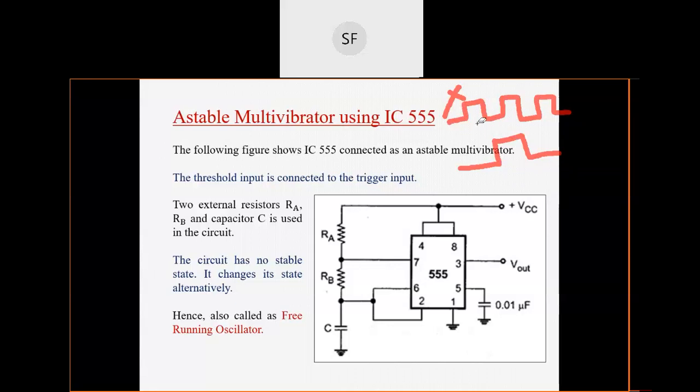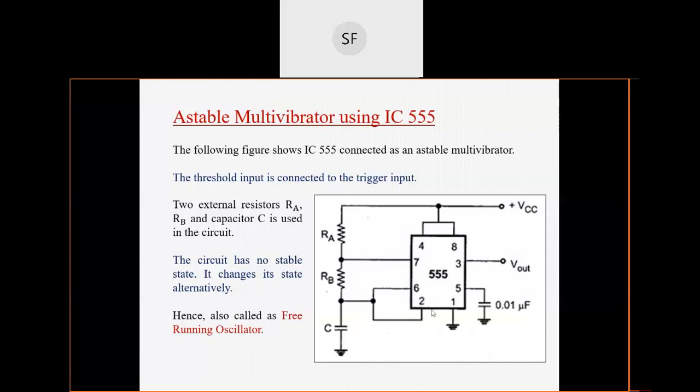Now we will see a few points regarding the astable multivibrator. This is the circuit diagram of your astable multivibrator. Can any one of you mention what the differences are between the circuit diagram of astable and monostable? I will take a look at this diagram and then go back to the monostable circuit diagram.